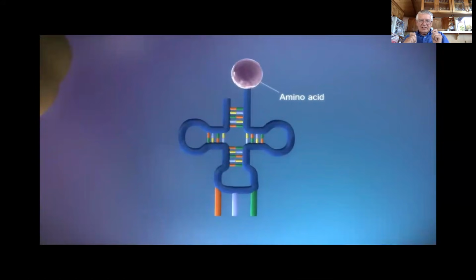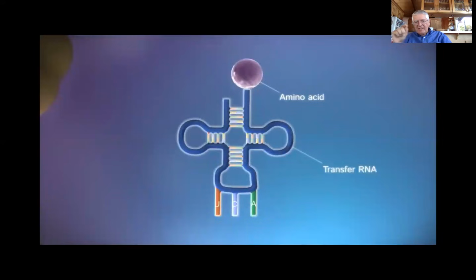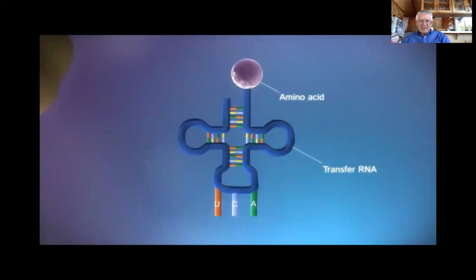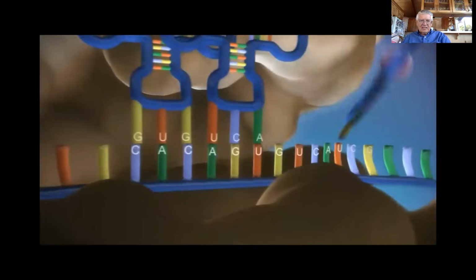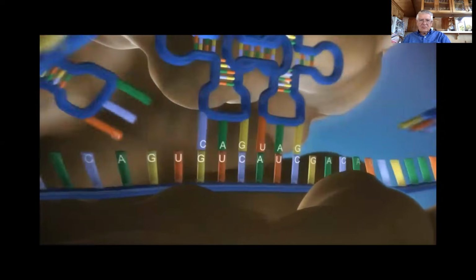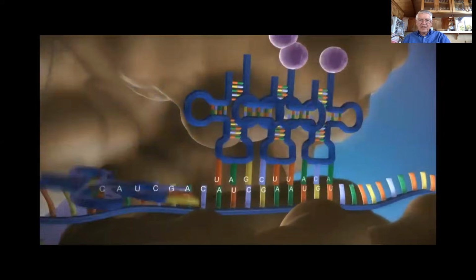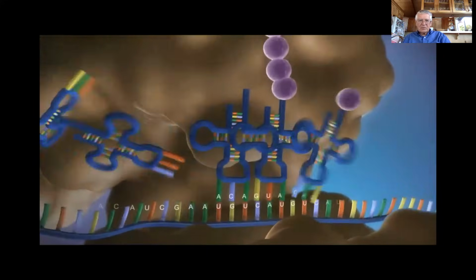They say, this amino acid should be inserted wherever I see the code AAT, for example. And so it will bring the right amino acid to the right place. And then the ribosome will attach those amino acids that are brought in to make this molecular chain.